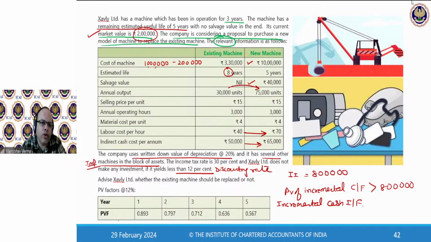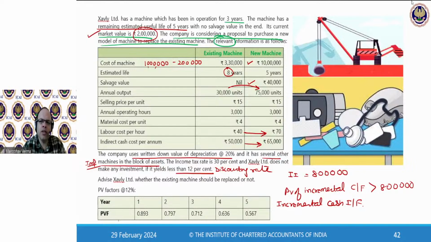Now, one more thing I want to talk about here, guys, is if we were to consider the overall calculation in terms of the incremental cash flows, what all do we need? We have to calculate the incremental sales, right?